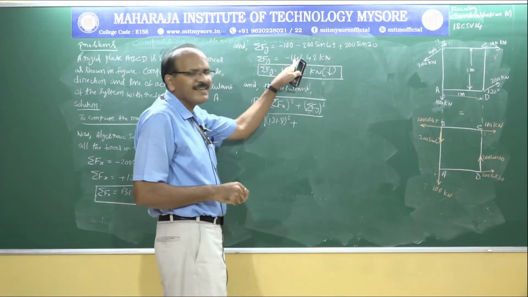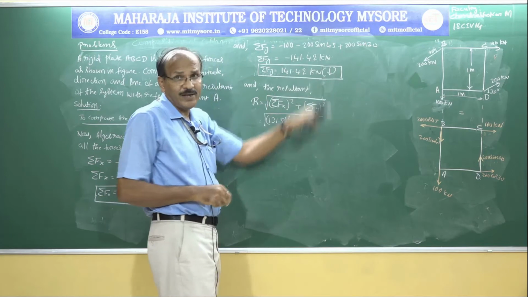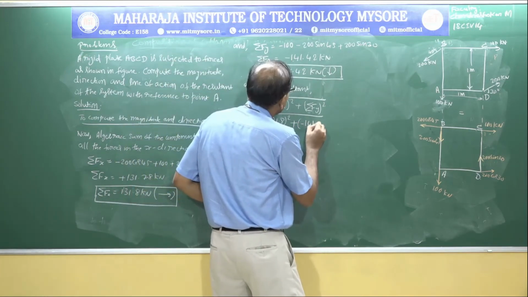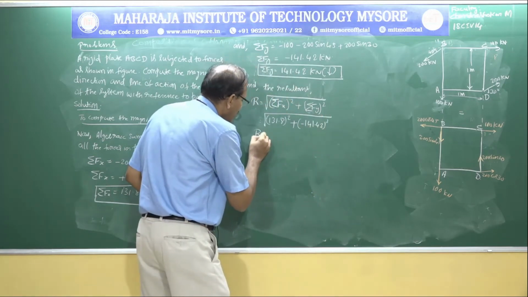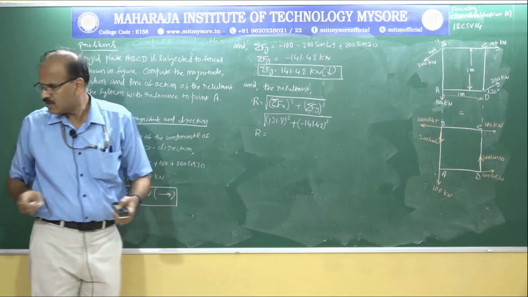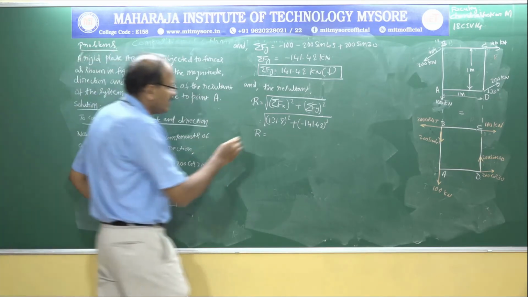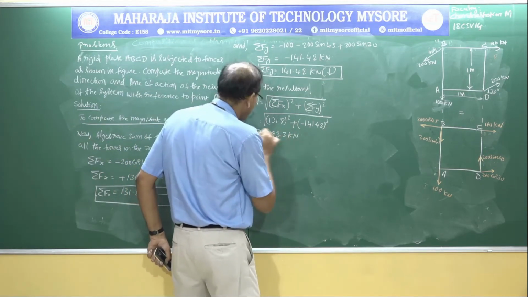See, we must take this value, not this value. That is 141.42. Of course numerically it does not make any difference, 193.3 kilonewton. That is the resultant.